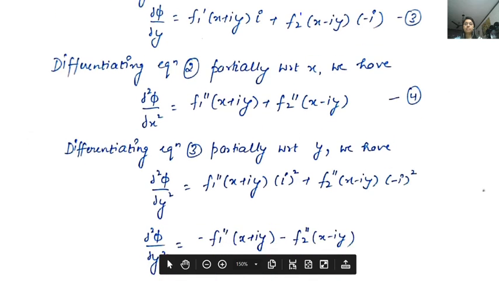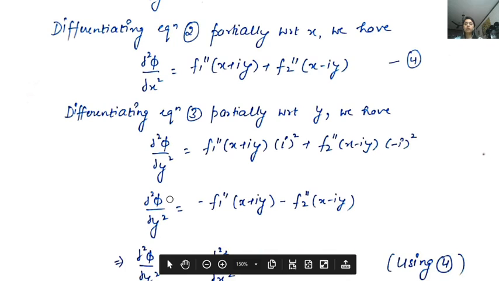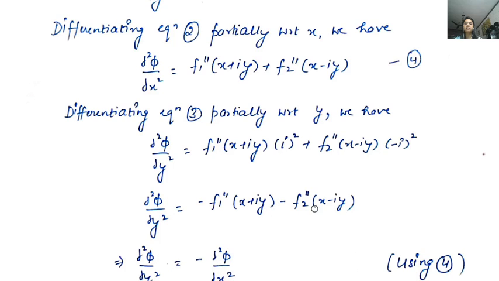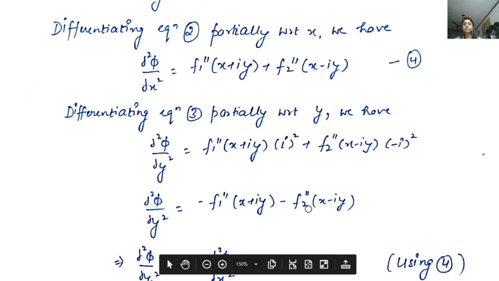We can simplify it as ∂²φ/∂y² equals −f1''(x + iy) − f2''(x − iy), because we know i² equals −1. Now, when we take minus common from this right hand side, this right hand side becomes equal to right hand side of equation 4.